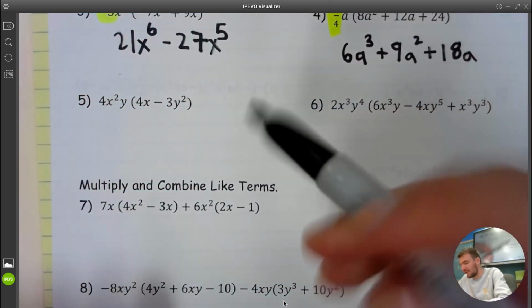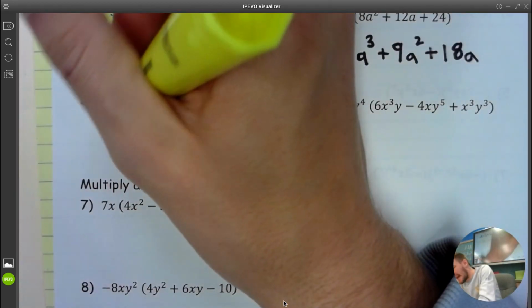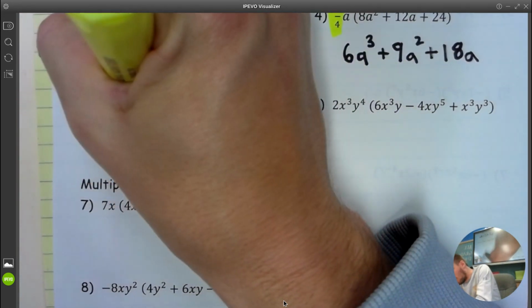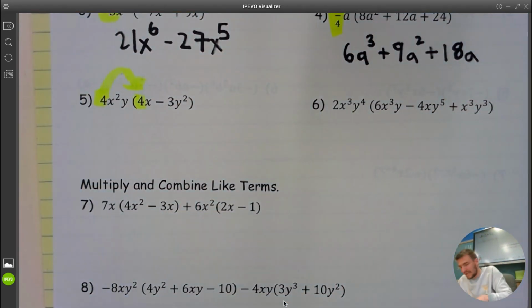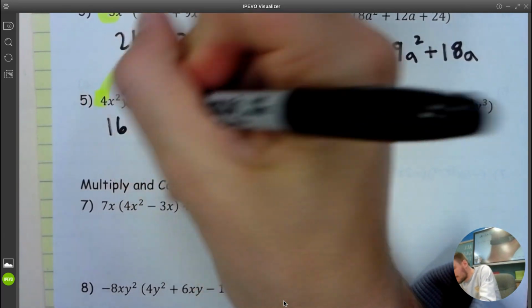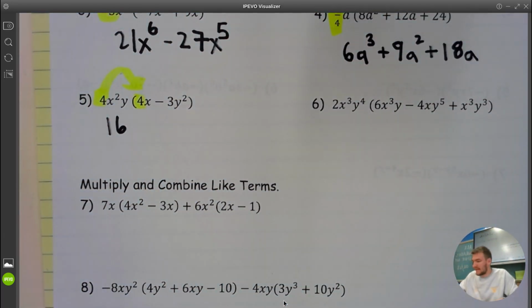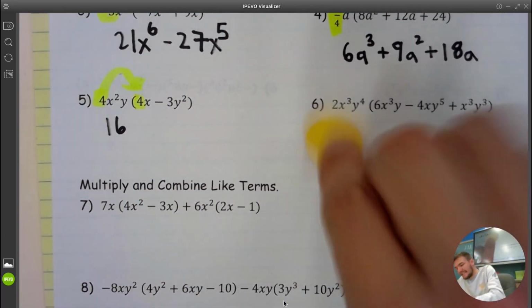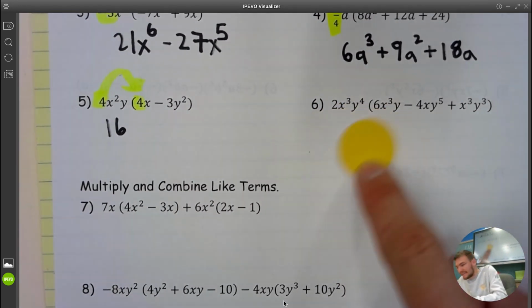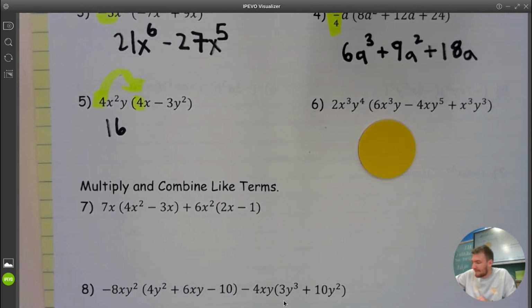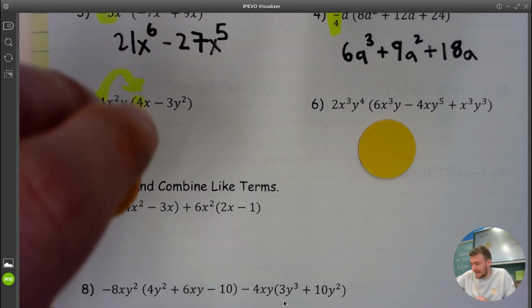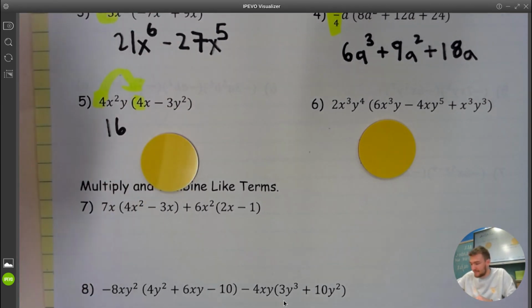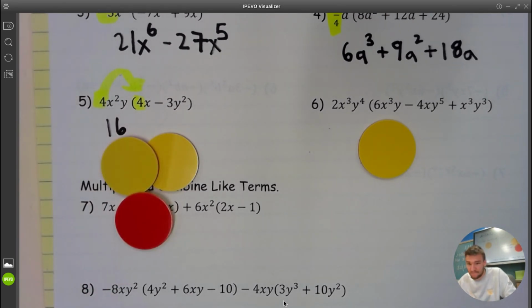So let's look at the first kid. The first kid has 4 times 4. That's 16. The first kid is going to start with 1 Xbox game. And remember, everybody is going to be getting 2 Xbox games and a PlayStation game.